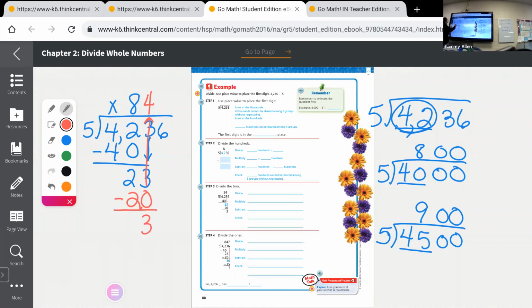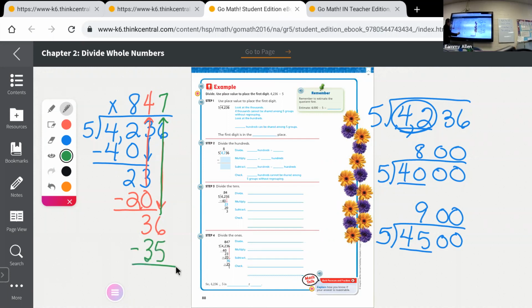Okay? I now bring down the 6. How many times did 5 go into 36? Seven. My 7 needs to go right up here. 7 times 5 is 35, but you have a remainder of 1.